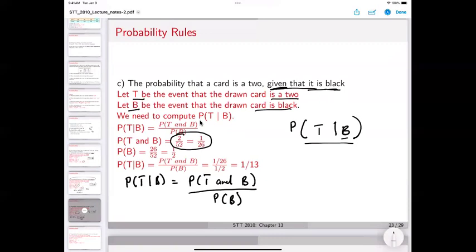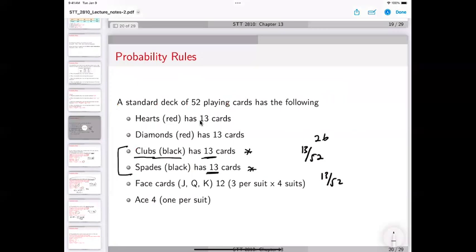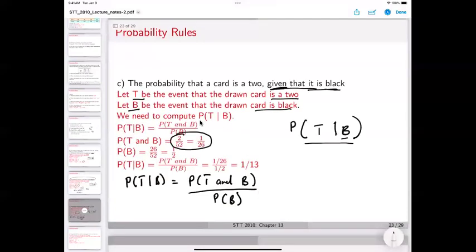And the probability that it is black, what are the total number of black cards here? It's 26. 13 are clubs, 13 are spades. So that gives you 26 over what? 52. So 26 over 52 gives you 1 over 2. And then when you do this, you just plug them into the formula. Use your calculator, you get 1 over what? 13.